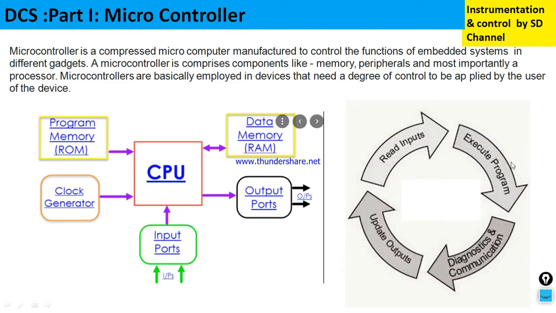Depending on that, it will update the output. So this whole cycle is called the program scan cycle. The scan cycle is very important because it is the basic difference between the PLC and DCS. In the case of PLC, the scan cycle is minimum, and in the case of DCS, the scan cycle is more. I will explain it.